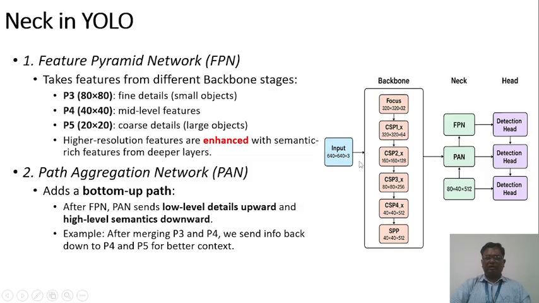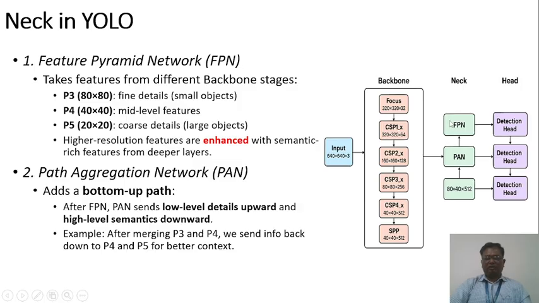When it comes to the neck model, the neck contains FPN and PAN. The smaller objects' details are handled at one level, the middle-level objects' features at one level, then the large objects at one level, right?